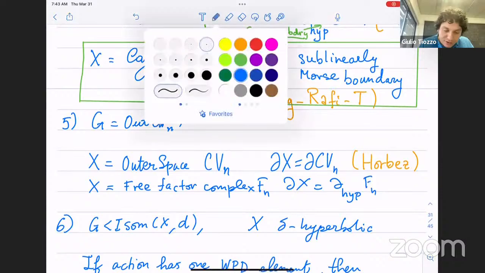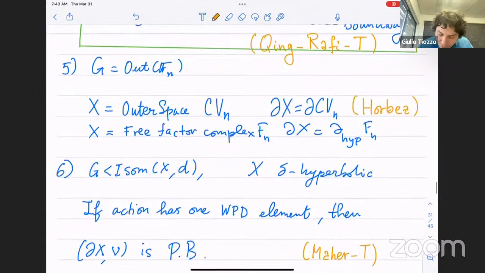And this also follows from my work with Joseph, because in this case we dealt with any group acting on a hyperbolic, maybe non-proper, space, as long as you have at least one WPD element. So this is related to what Abdul asked yesterday. The action need not be acylindrical. This was in the first paper, but in the second paper, we just require that there's one hyperbolic WPD element.